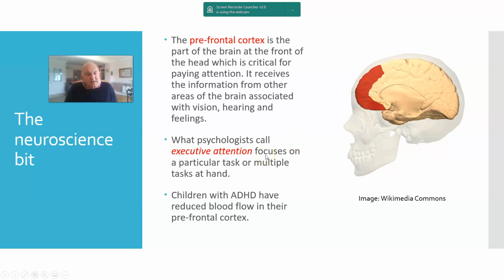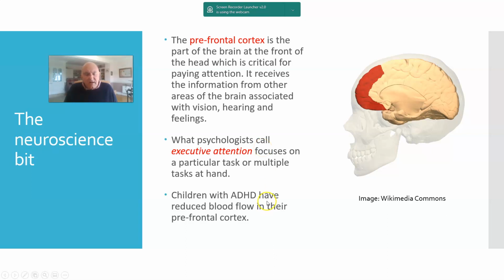But to talk about attention, what psychologists call executive attention, then, is where we use our prefrontal cortex to focus on a particular task or multiple tasks at hand. Some psychologists, it seems, believe that our long-term memory is also involved in executive attention in some models of memory.